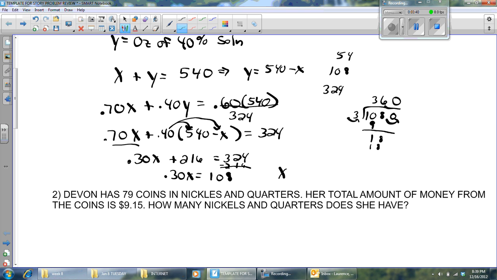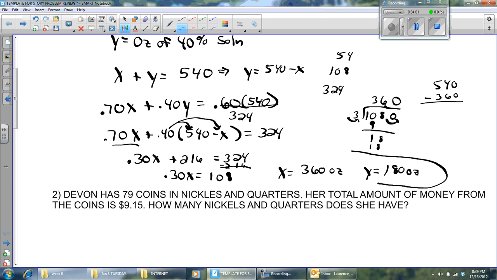So x is going to equal 360 ounces. Well, that means y is going to be the same as 540 minus 360. And I'm going to get 180 ounces. So there we go. Pretty easy problem.